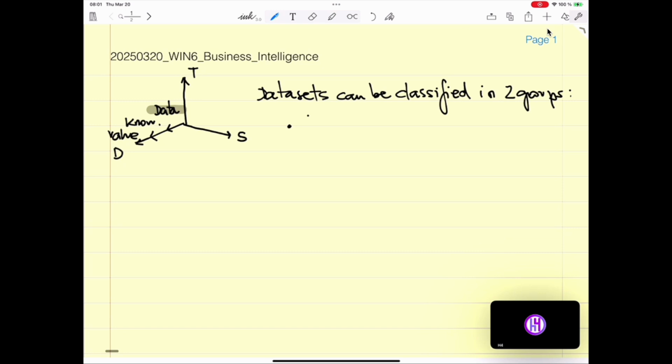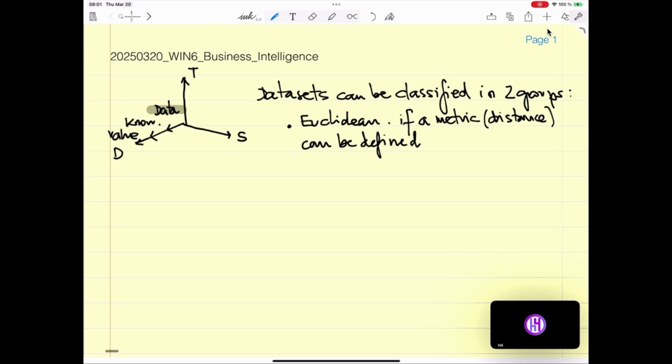They can be Euclidean if a metric, usually a distance, can be defined to describe relationships between them.